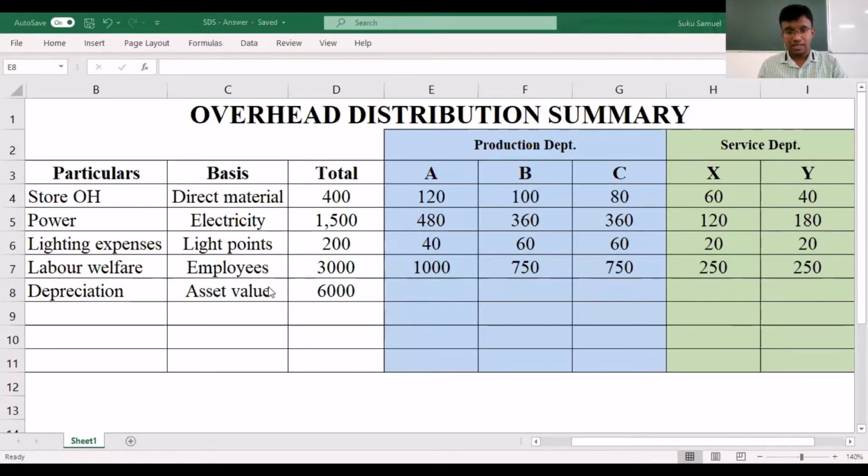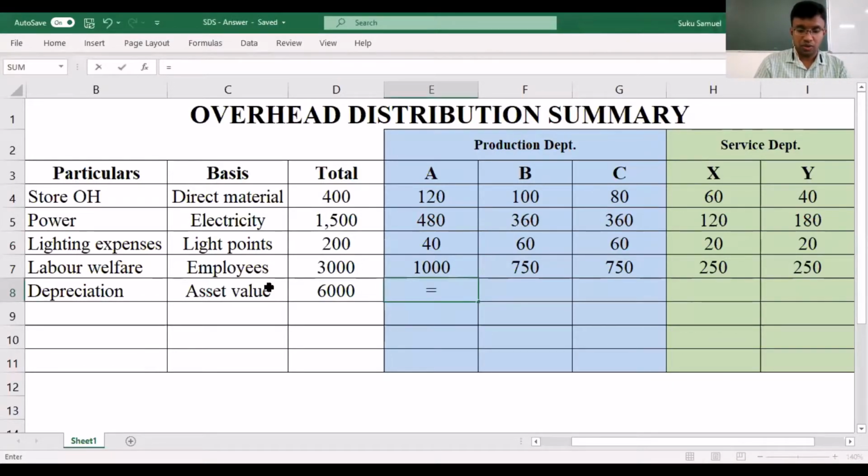On that note, let us start off reapportioning this for 1,20,000, and we know that the total is 6,000. The asset value for department A is 50,000.